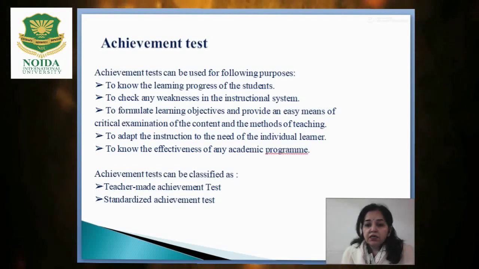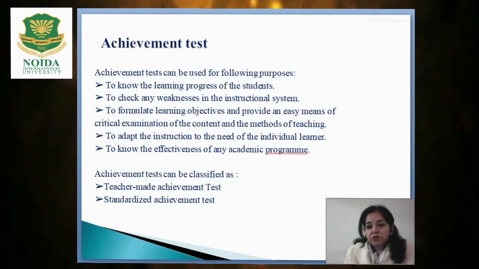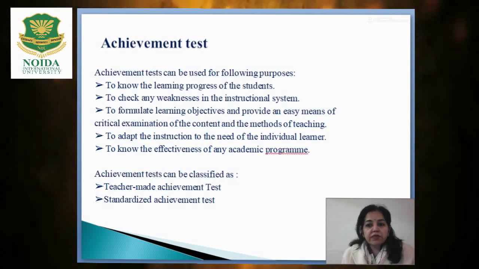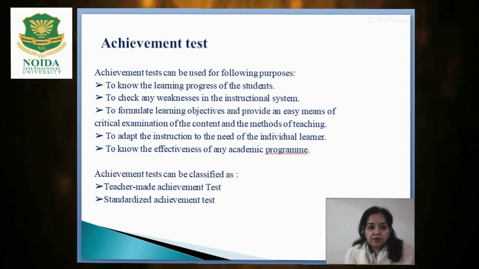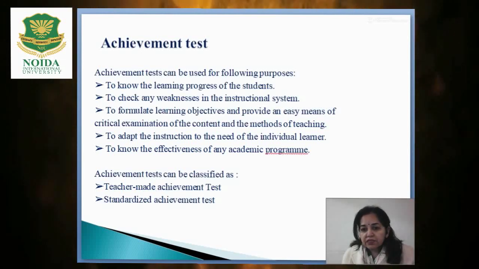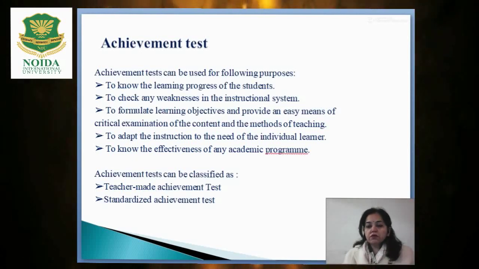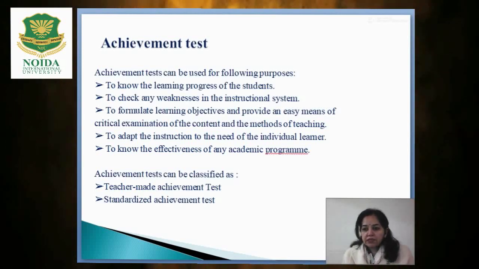Achievement tests can be classified into two types: teacher-made achievement tests and standardized achievement tests. How to develop teacher-made and standardized achievement tests, we will discuss in some other module.